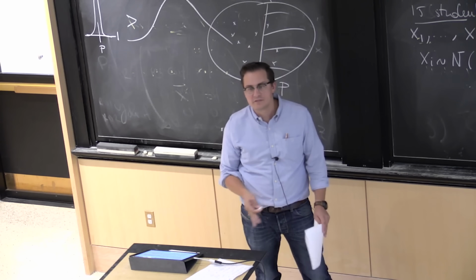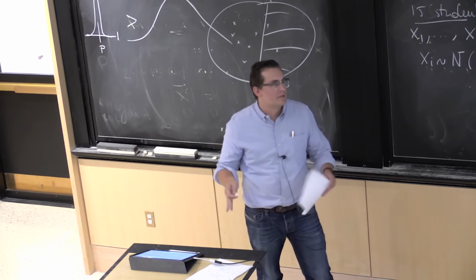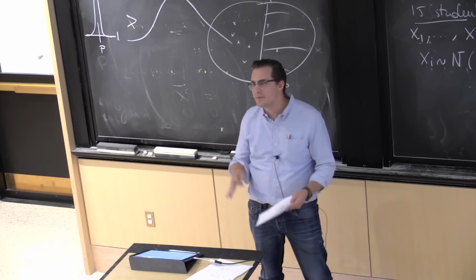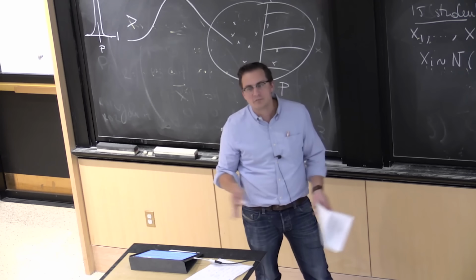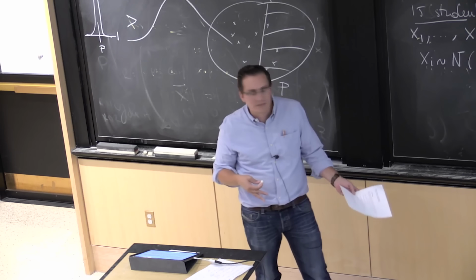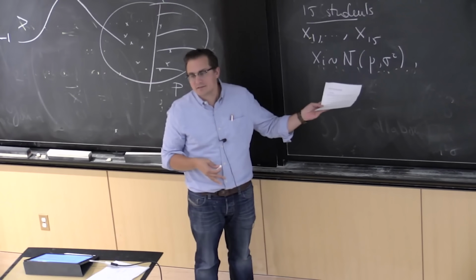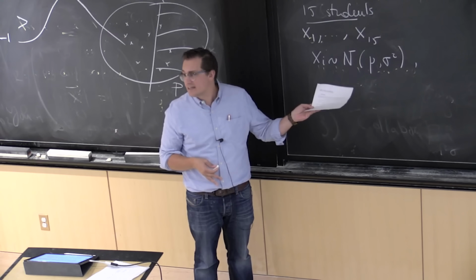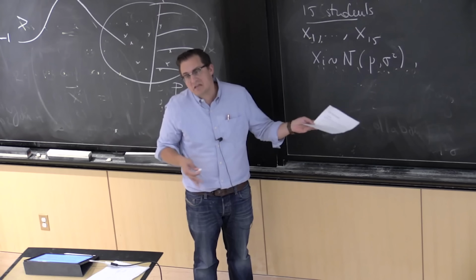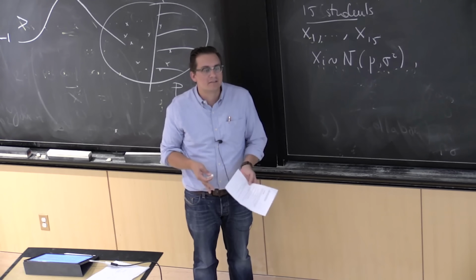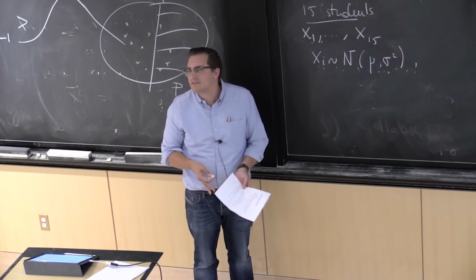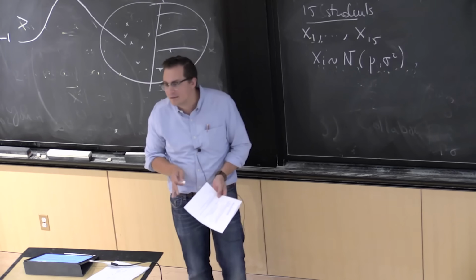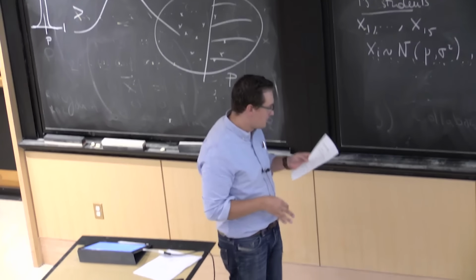Nobody told me there's a physical process that makes this happen. We know that there's something called the central limit theorem in the background that says that things tend to be Gaussian, but this is really a matter of convenience. Actually, if you think about it, this is terrible because this puts non-zero probability on negative scores. I'm definitely not going to get a negative score. But it's good enough because the probability is non-zero, but it's probably 10 to the minus 12. So I would be very unlucky to see a negative score.